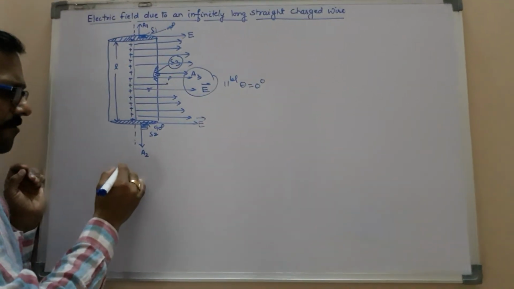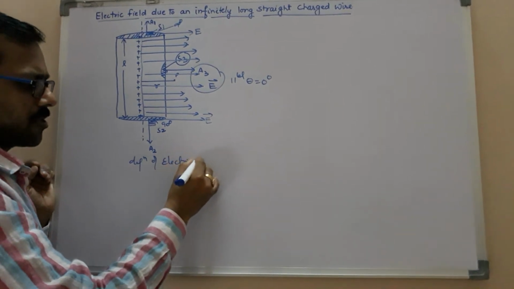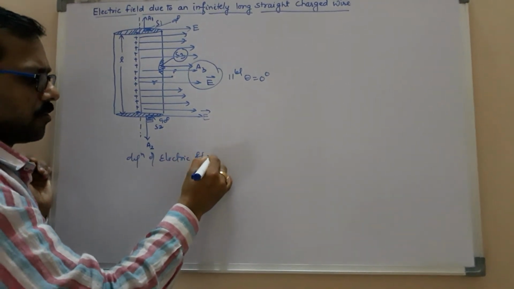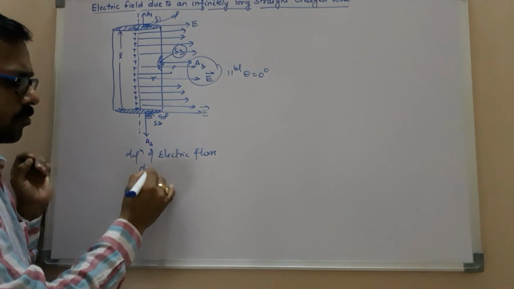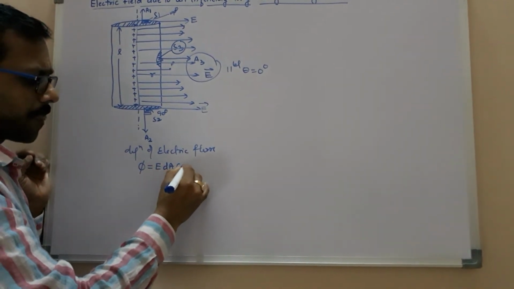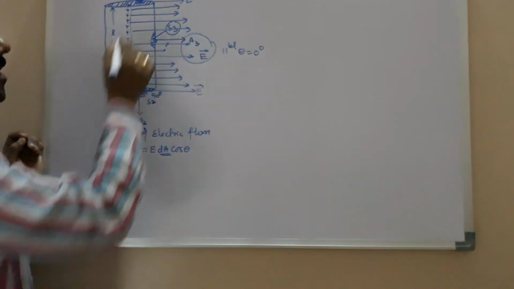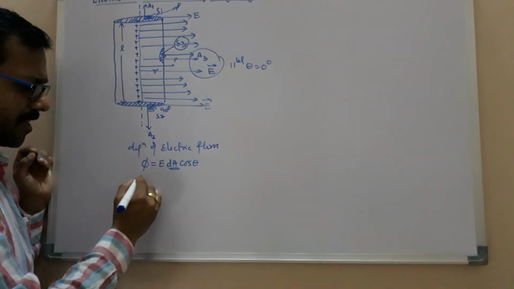So according to the definition of electric flux, we can write phi equals E dA cos theta. Correct? dA is a very small surface area, so we have to calculate for the whole surface and write it in integral form.